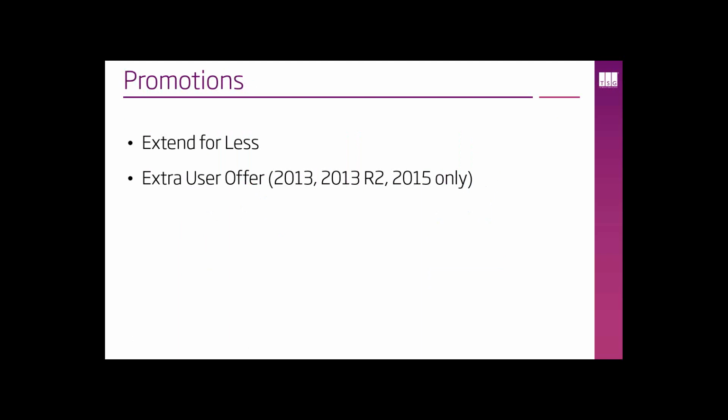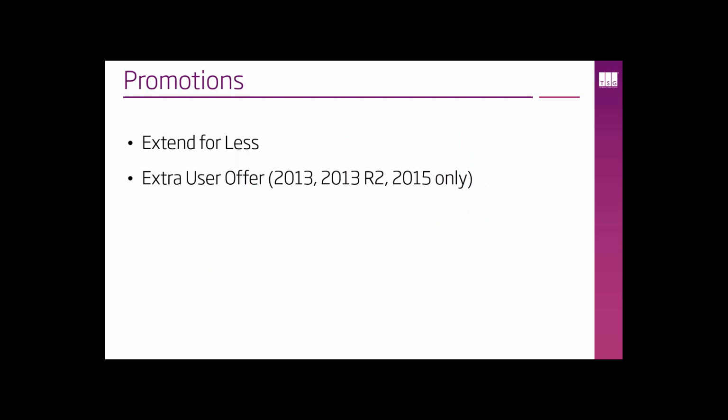Okay, we have two promotions at the moment that are actually available from Microsoft. Promotion one is called Extend for Less, and what you actually do in Extend for Less is a special offer on a package deal of the extended pack and extra users, because obviously if you're putting more functionality in your product, Microsoft expects you to have more users using it.